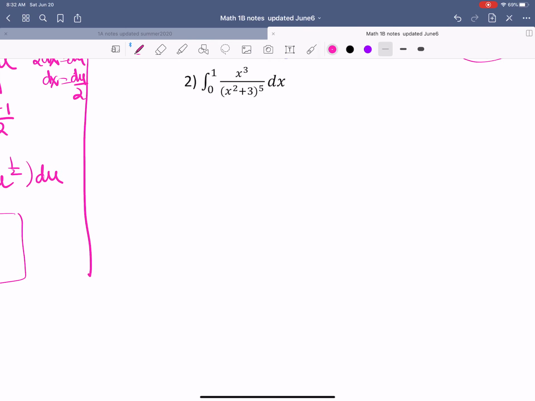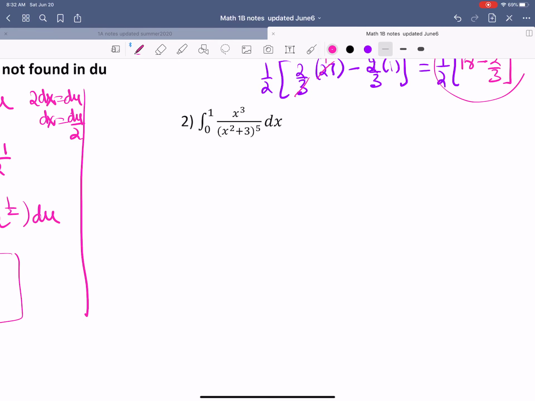Next example, number 2. We have definite integral in this case, so there's bounds. So I'm going to let x squared plus 3 be the u. 2x dx be du. Okay, so what we're going to do now is, I have x cubed on the top.